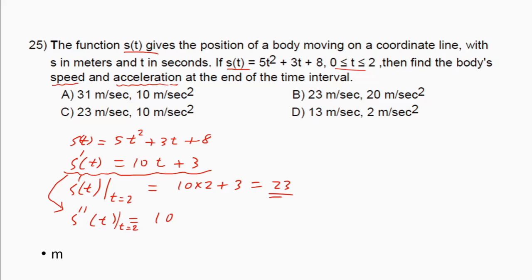So the acceleration at time t equal to 2 is this constant, which is 10, in meters per second squared, and the speed is in meters per second. So the speed is 23 meters per second, and the acceleration is 10 meters per second squared.